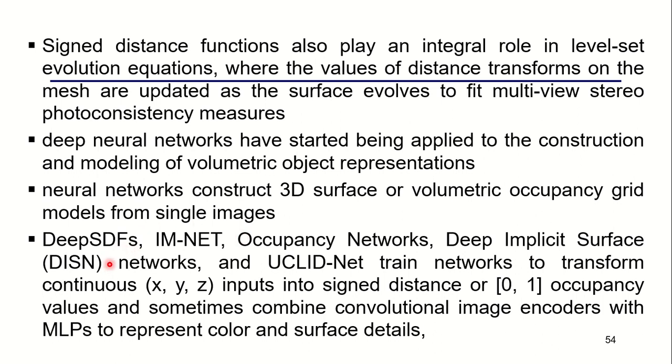So deep SDFs, IM-Nets, occupancy networks, deep implicit surface networks, that is DISN, and Euclid-Net train networks to transform continuous XYZ inputs into signed distance or 0, 1 occupancy values. And sometimes they are combined with convolutional image encoders with the MLPs to represent the color and surface details.